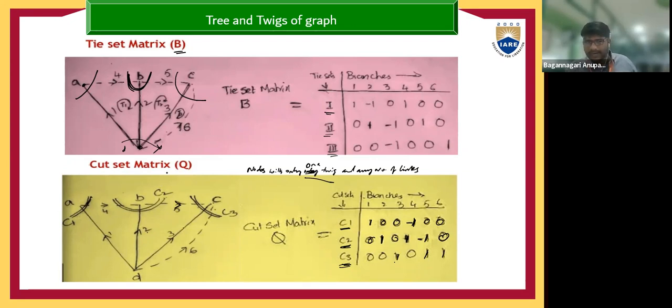Whereas in a cut set matrix, we consider the nodes which have only one twig associated, take them as the number of rows, give the polarity for incoming current as positive and outgoing current as negative, and write the matrix. Is that clear?